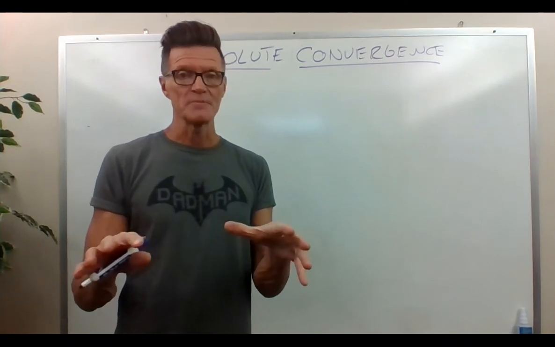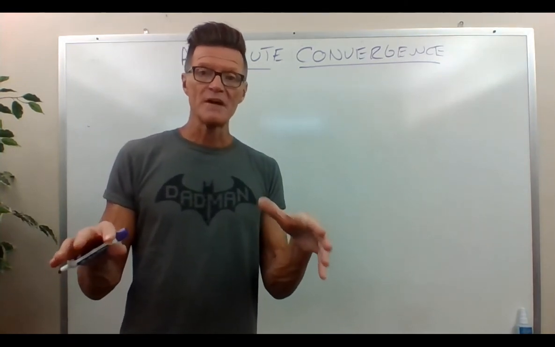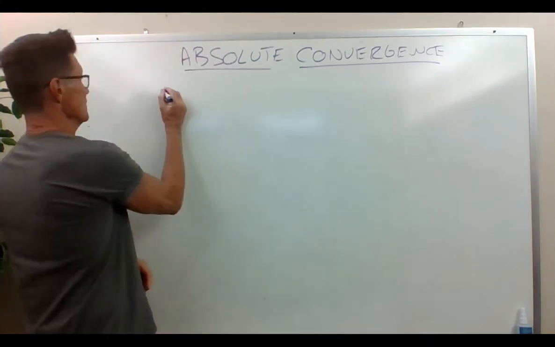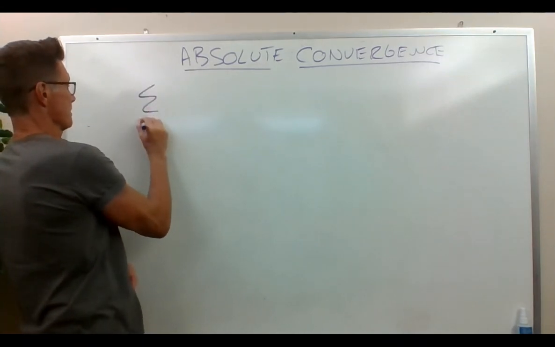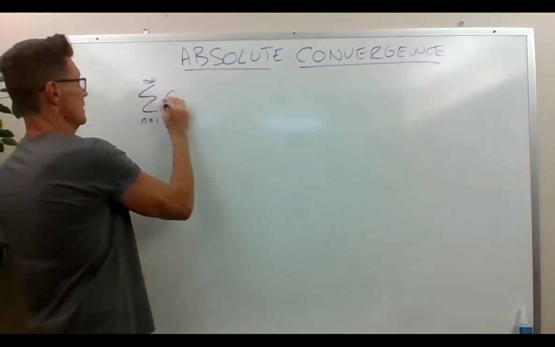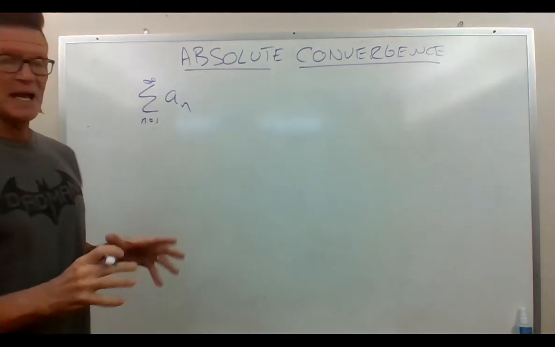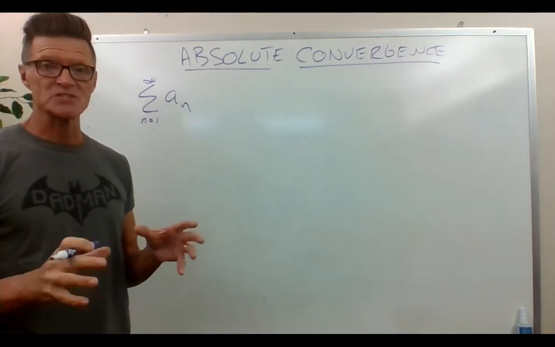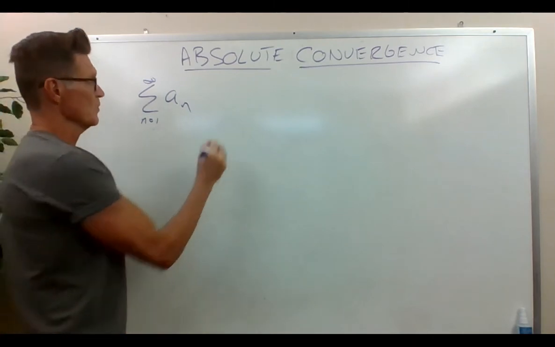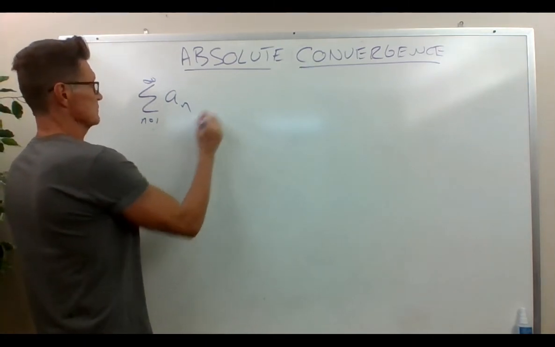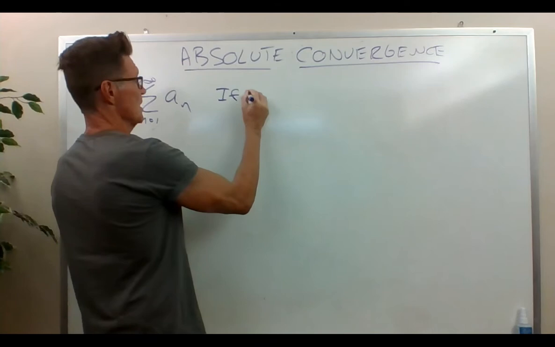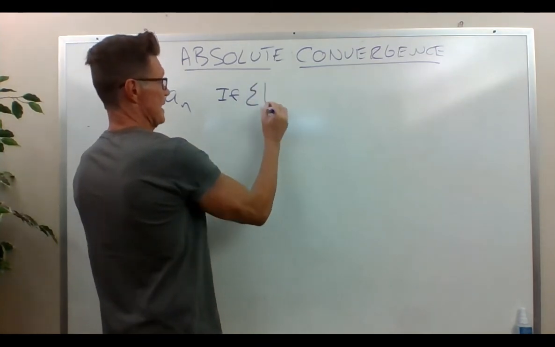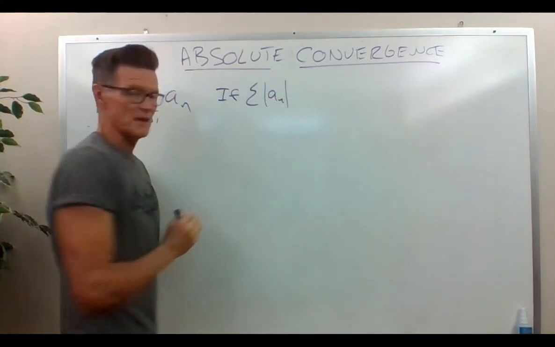To do that, we need to look at the absolute value of a sub n. So if we have a series a sub n, and it is an alternating series, then what we want to do is take the absolute value of a sub n.